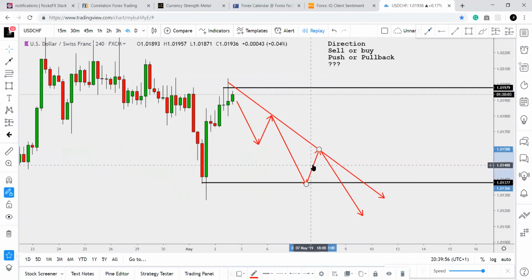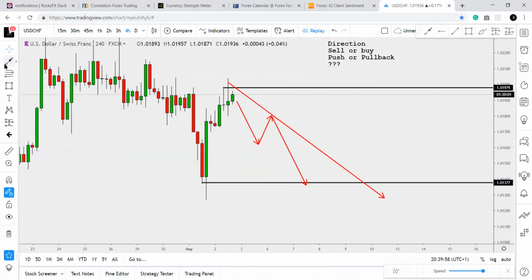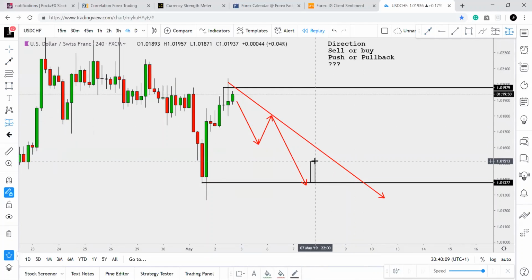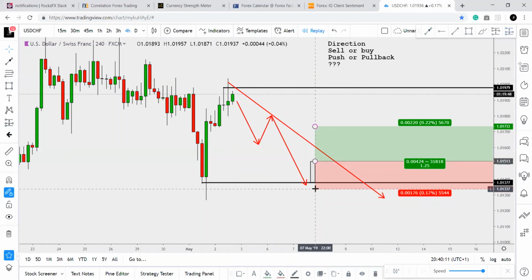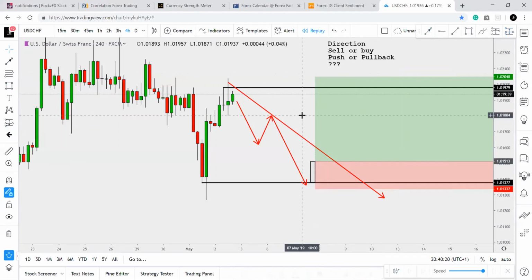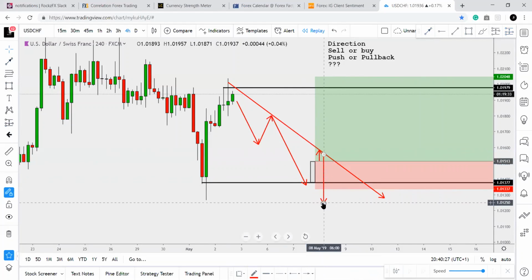The reason why we don't trade engulfing candles is because if off of this level it shows signs of a big bullish candle, and then you decide to enter this market based on this big bullish candle, which is after the close, stop loss below market structure, and you're going for your 1 to 3, not only do you run the risk of potentially not even hitting this trade because you need price to do way too much, you also run the risk of running into this trend line and then price coming down to stop you out.